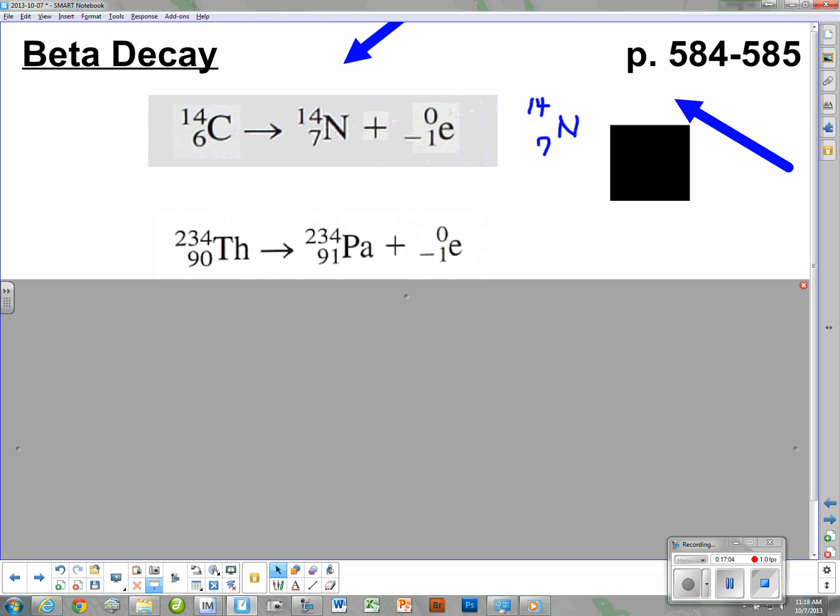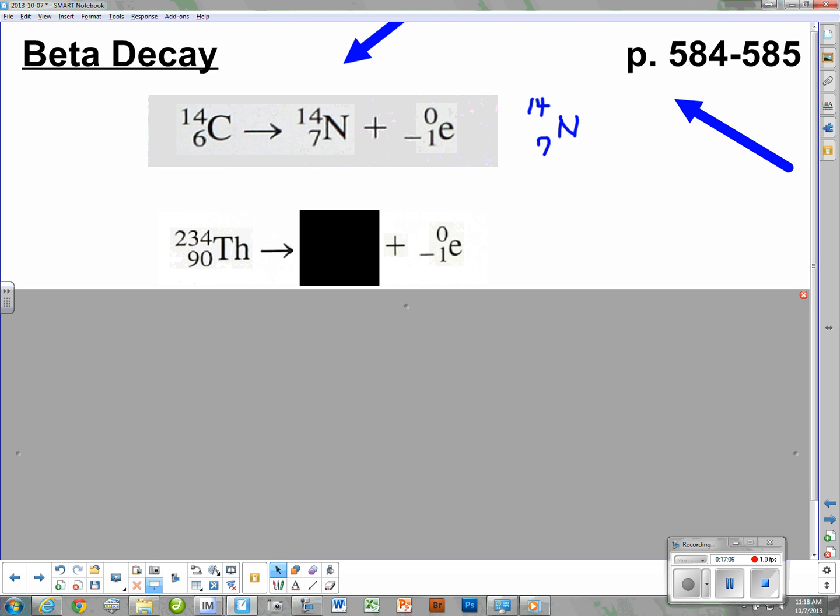Okay, now, before you have a chance to look, let's try it with this guy. Another beta particle expulsion. So, the number in here has to be what on the top? See? Because this is a 0 and this is 234, that means the number in the black on the top has to be 234.